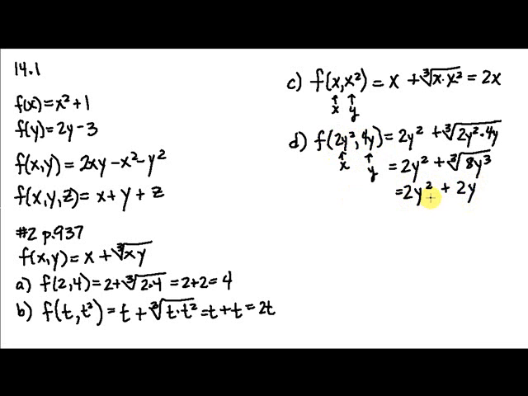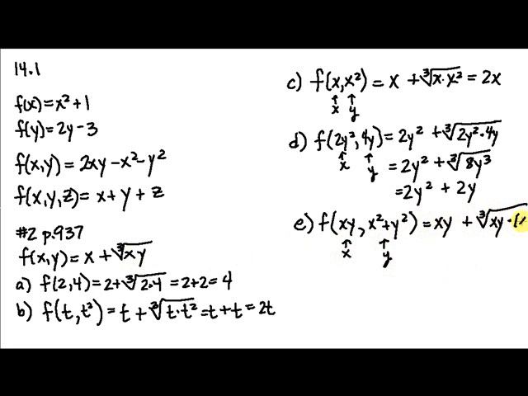All right, let's try another one, part E. What if I asked you to find f of xy comma x squared plus y squared? Now we're not going to be able to simplify this very much, but the important thing is just recognizing what the notation means. So again, we're plugging in this wherever we have an x and this wherever we have a y. So we're just going to have xy plus the cubed root of x times y, which is now going to be the cubed root of, we're plugging in xy for x, and x squared plus y squared for y.